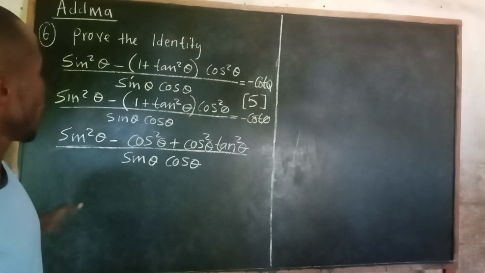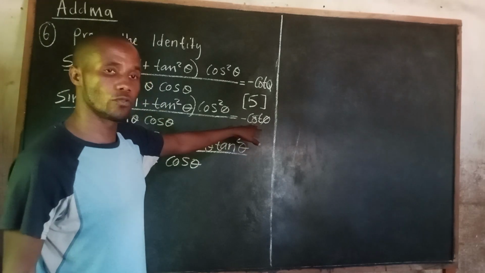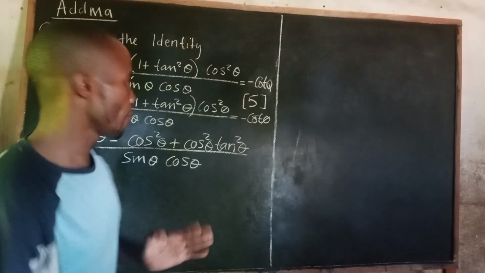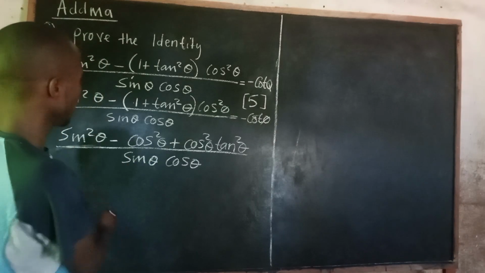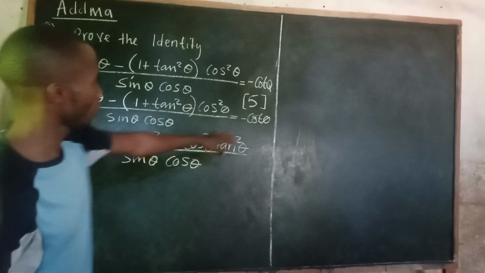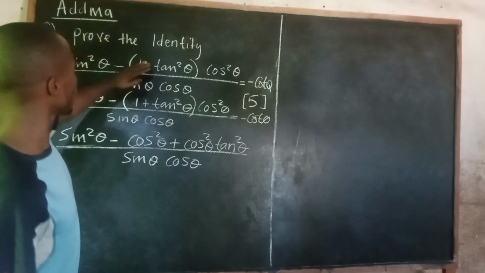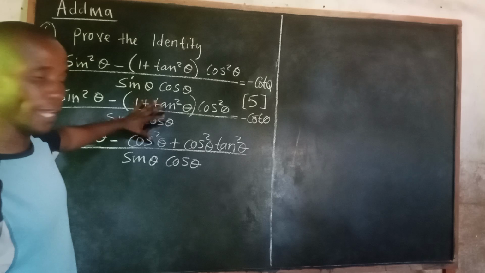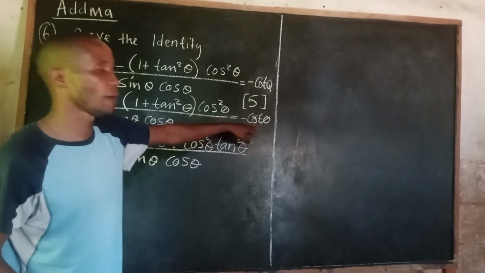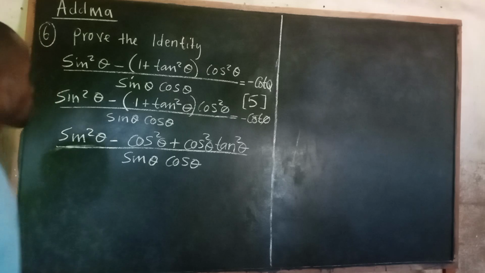Remember, we are trying to prove this to be equal to negative cot theta. So this time around we are using the left-hand side to prove. That is why I am not writing the negative cot theta. What we want is to do all we can so that eventually we come up with negative cot theta.